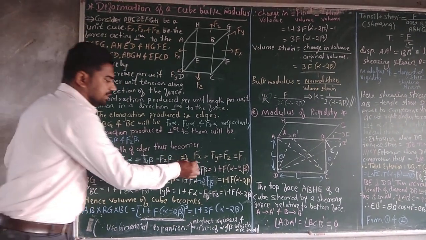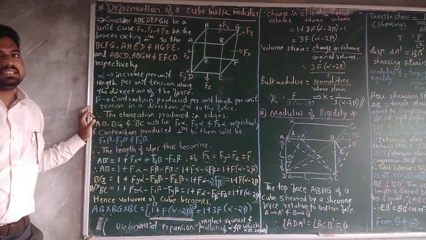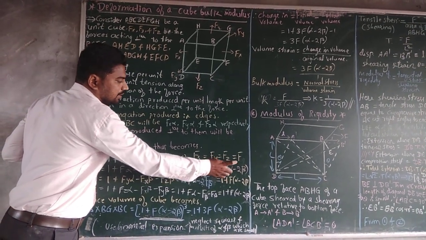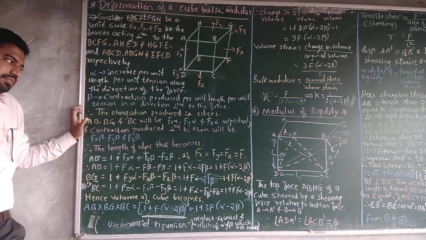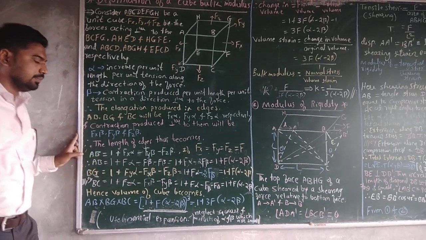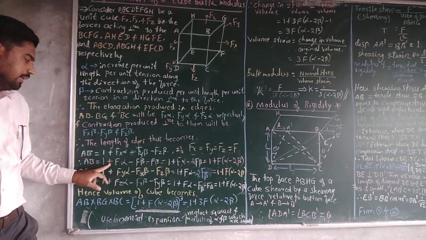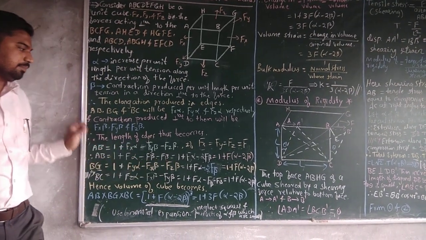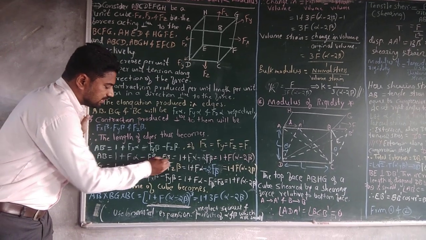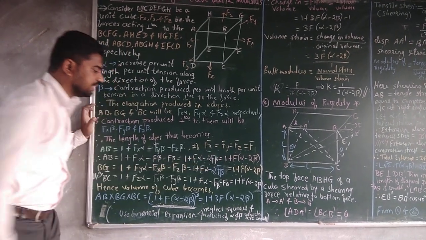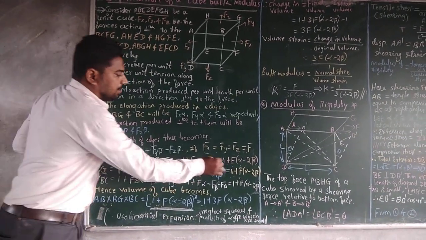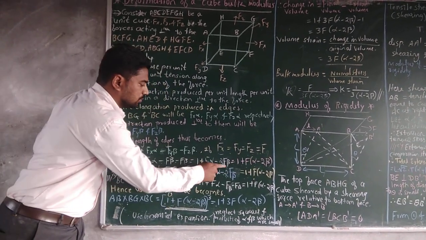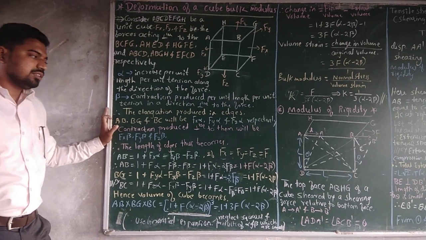See here, if the forces for all the axes are the same, then Fx equal to Fy equal to Fz equal to F. Therefore, this equation becomes AB equal to 1 plus F alpha minus F beta minus F beta, which is minus 2F beta. Therefore, AB equal to 1 plus F times alpha minus 2 beta, because F is common in those terms.